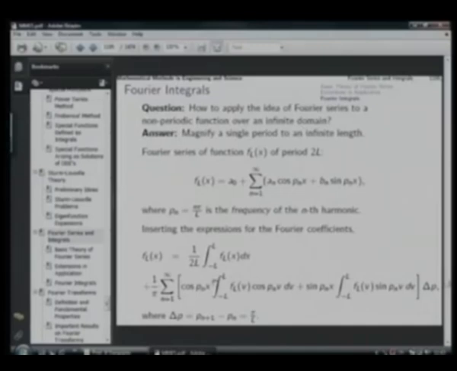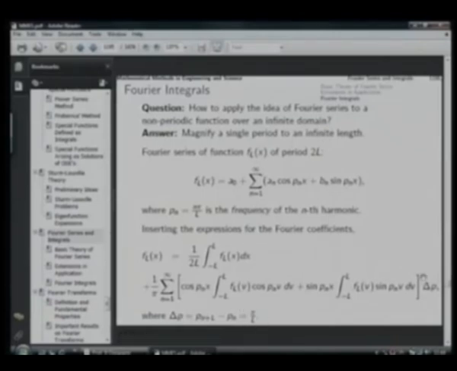Now, in this Fourier coefficient, we have removed the 1 by l and put 1 by pi here with this delta p, because delta p is pi by l. Why is delta p pi by l?